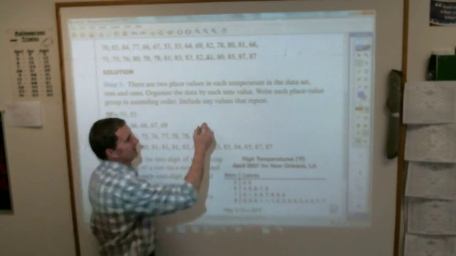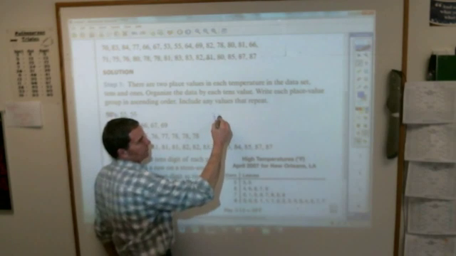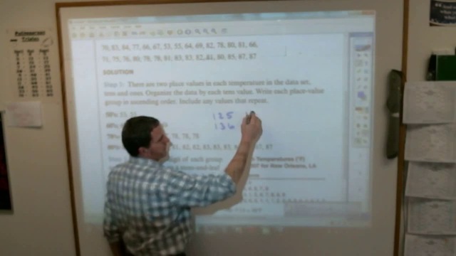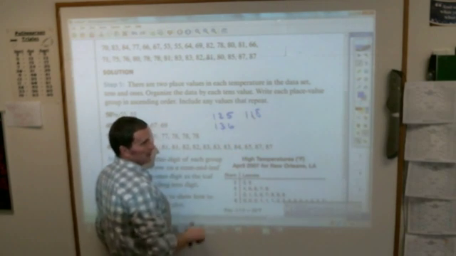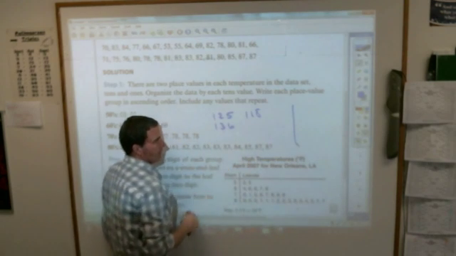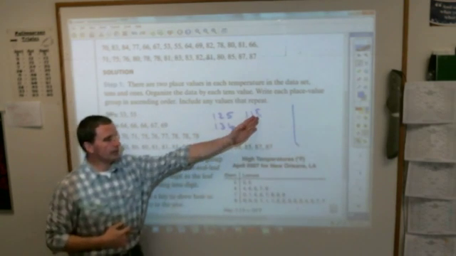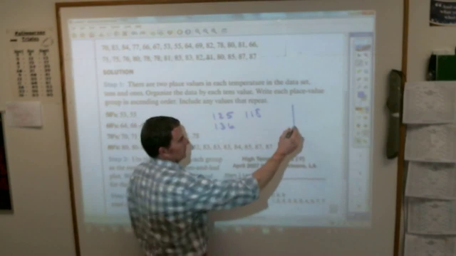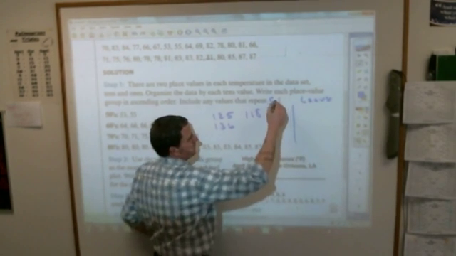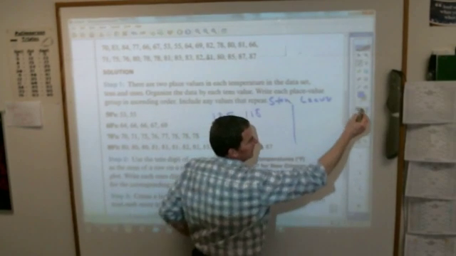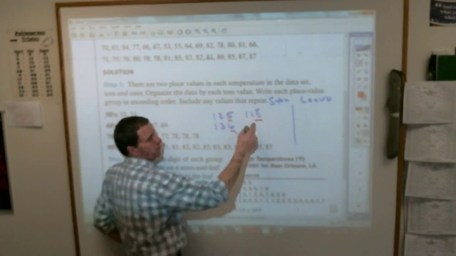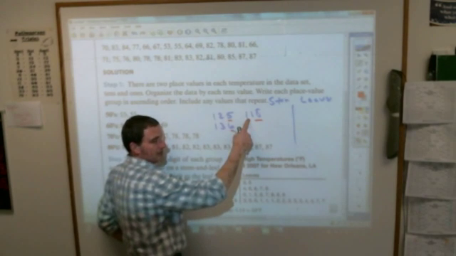In other words, if I had numbers that were in the hundreds, like 125, 136, 118, and you're doing a stem and leaf plot of those, the last digit is what's going to go over here in the leaf part, and whatever's to the left of it is always going to be the stem part.